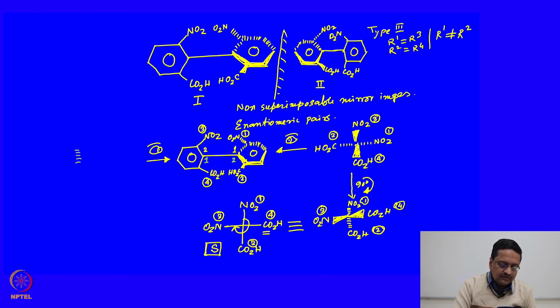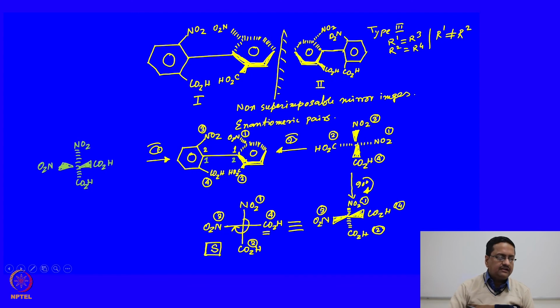So, we draw it like this, and CO2H downwards, but going below the plane. The nitro on carbon number 2 and CO2H are pointing towards me, and above the plane on the left hand side I have the nitro group, and right hand side I have the CO2H group.